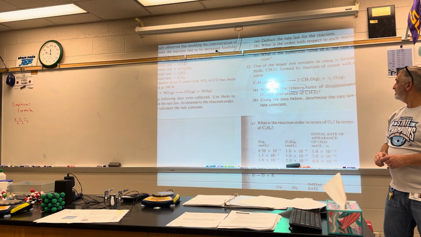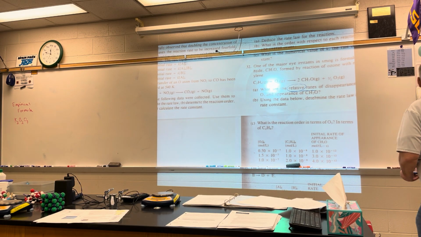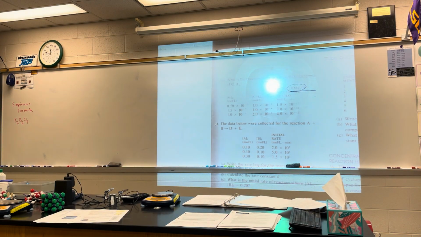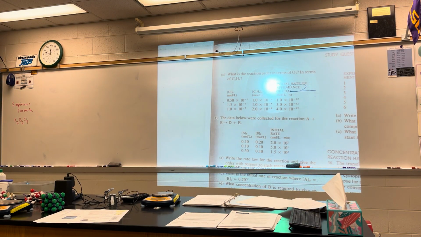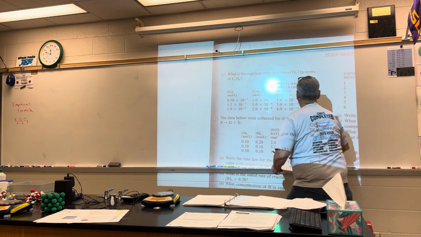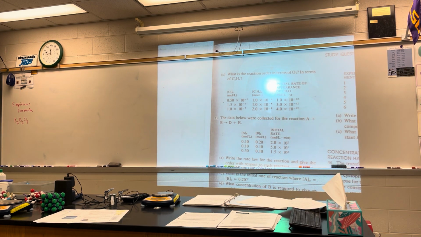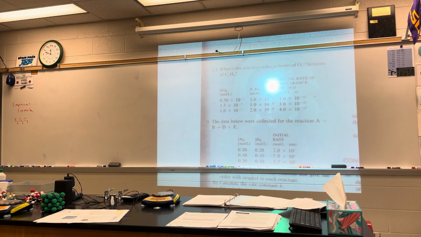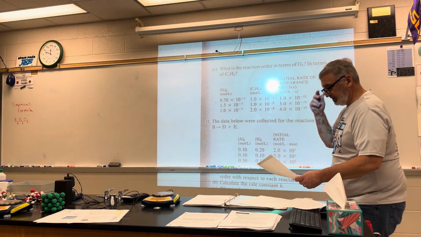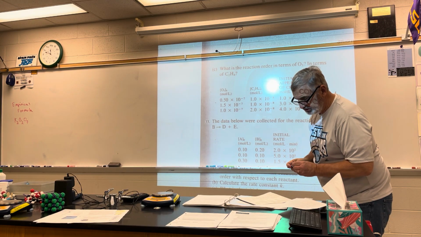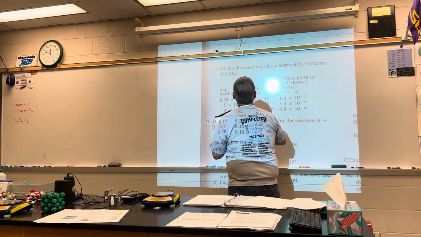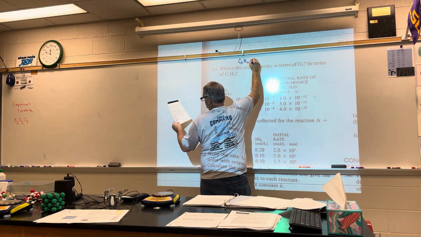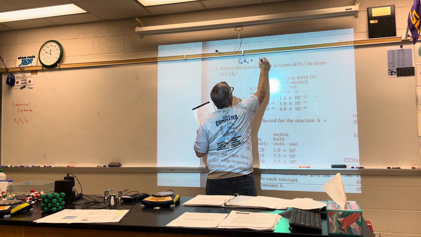Now, determine the rate law using this data. So we can get rid of that. I'll just put the equation up here. The equation is C2H4 plus, what is O3?